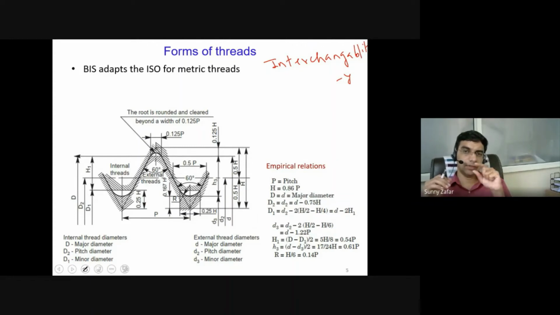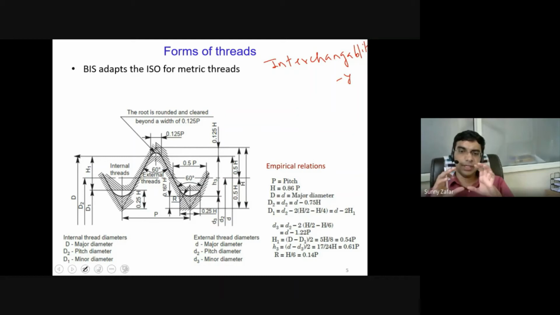So interchangeability was a concept introduced after the world wars, so that things manufactured all around the world are standardized, and we can interchange them with a similar type of component manufactured anywhere.